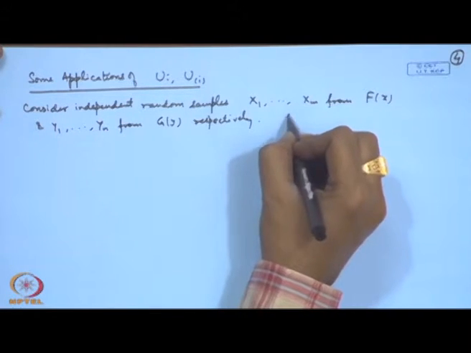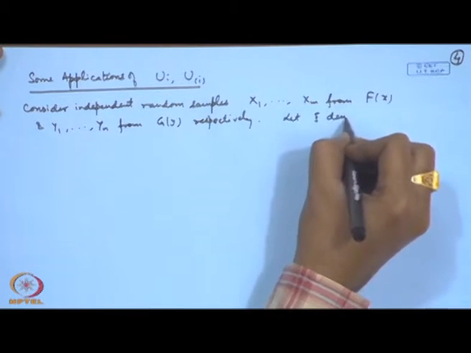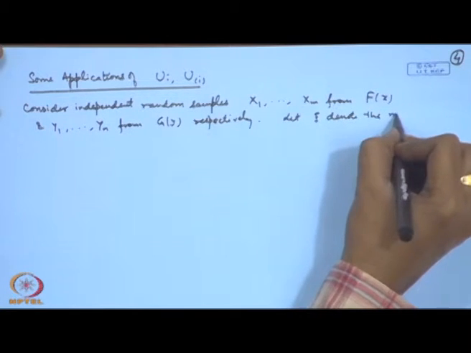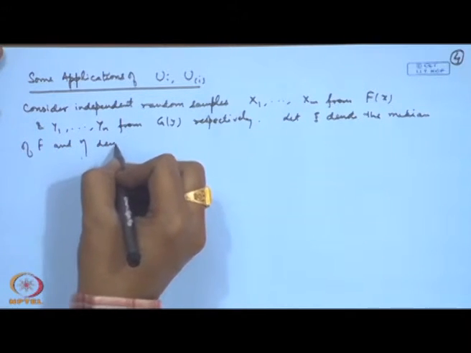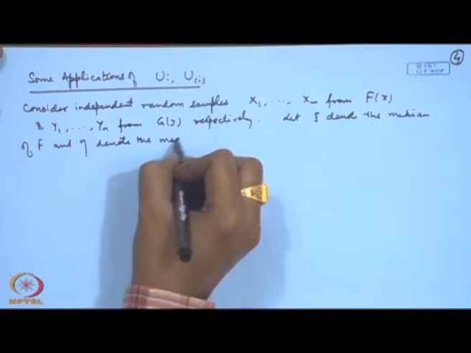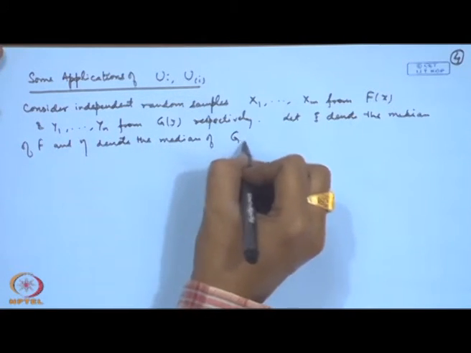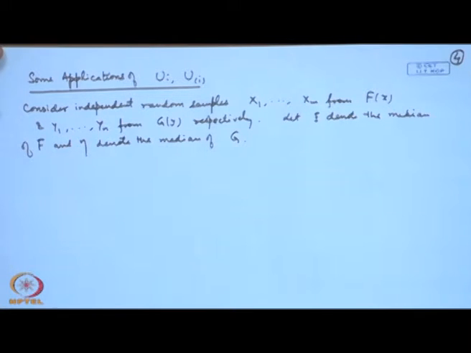Let us assume that xi denotes the median of F and say eta denotes the median of G. So, for the two distributions I am considering the medians. Like in the classical parametric inference problems, we assume the means to be mu 1, mu 2 and variances to be sigma 1 square, sigma 2 square. Then our problem of interest is to test whether mu 1 is equal to mu 2 or sigma 1 square is equal to sigma 2 square, etc.